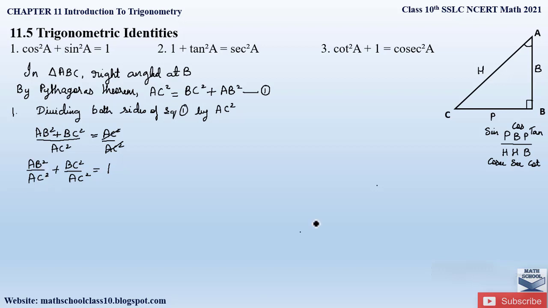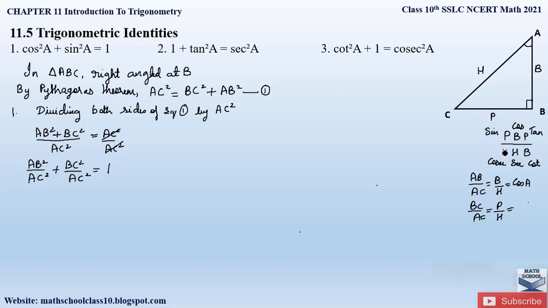Now we have AB square by AC square. So here if you look at what is the value of AB, AB is the base and AC value is the hypotenuse. AB by AC is what? Base by hypotenuse, which is equal to cos A, right? Because our angle A is our acute angle, so we are taking here cos A. Similarly, what is BC by AC value? BC by AC will be equal to, BC here is perpendicular and AC is again the hypotenuse.